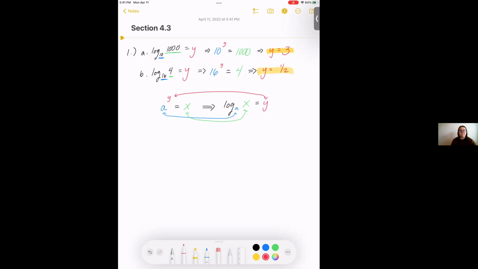Its exponential form was 10 to the power of y is equal to 1,000. And for part B, we got log base 16 of 4 is equal to y, which was 1/2, which is also the same thing as saying 16 to the power of 1/2 is equal to 4. So, all right, that wraps up example 1. Let's go ahead and head back over to our notes.